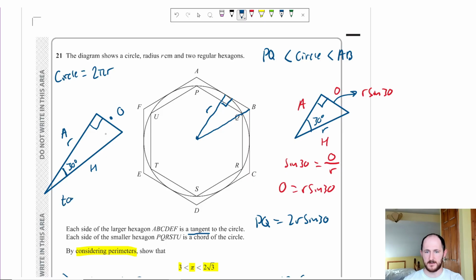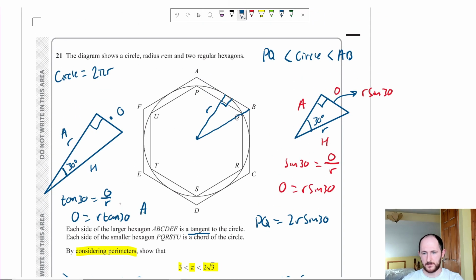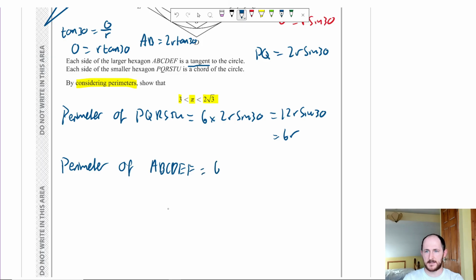So we have tan 30 equals opposite over r, which is the opposite side is r tan 30. And once again, that's only half the length of A to B. That means A to B is equal to 2r tan 30, which means the perimeter of A, B, C, D, E, F is 6 times 2r tan 30.